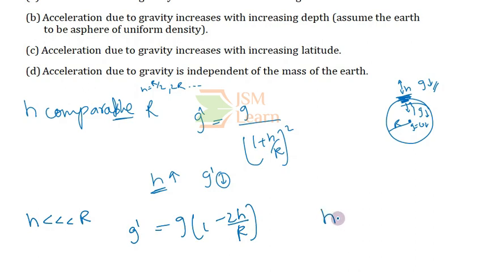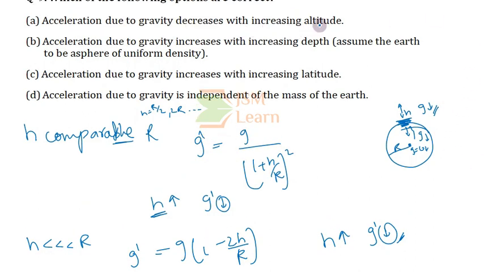In both cases you find the same result. So we conclude that the acceleration due to gravity decreases with increasing altitude, that is height. So our option A is true.